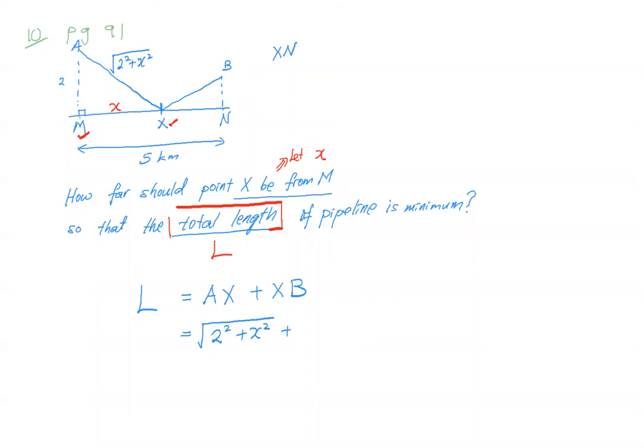I'm going to make use of the information I have to write XN in terms of X. This whole length is 5 and this is X. So my XN is 5 minus X. So according to Pythagoras theorem, it will be 5 minus X, the whole thing squared, plus 1 squared. Am I right?